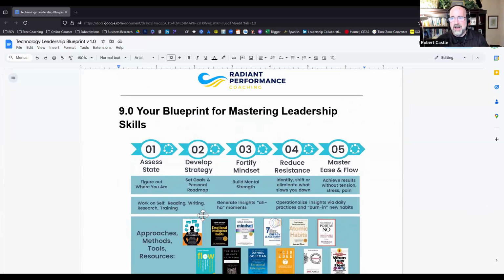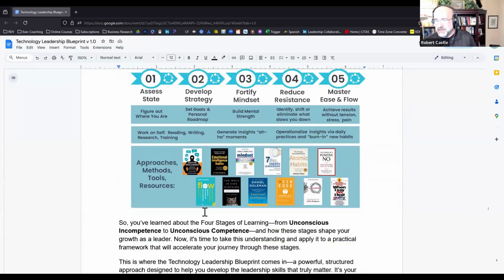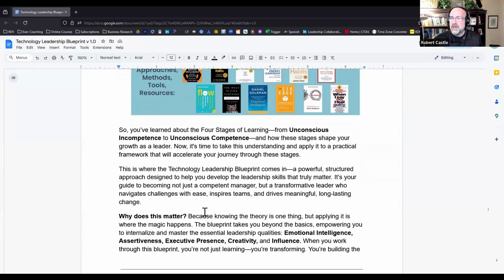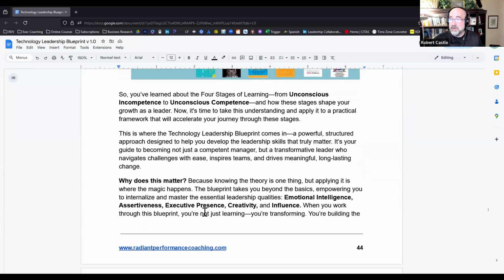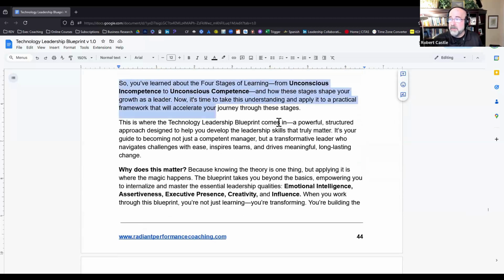So, chapter 9, your blueprint for mastering leadership skills. You've learned about the 4 stages of learning, from unconscious incompetence to unconscious competence, and how these stages shape your growth as a leader. Now it's time to take this understanding and apply it to a practical framework that will accelerate your journey through these stages.